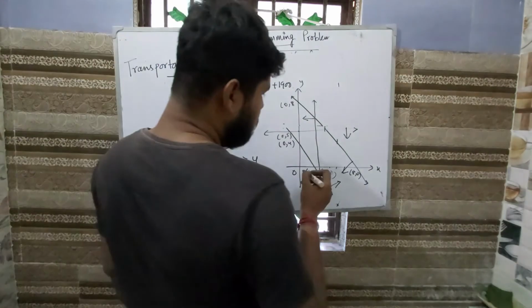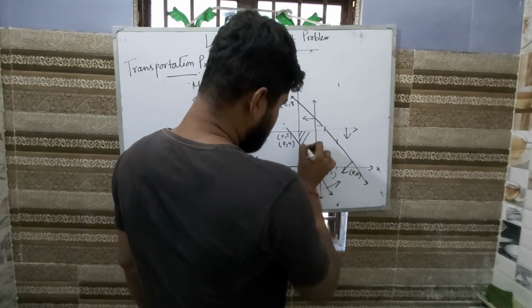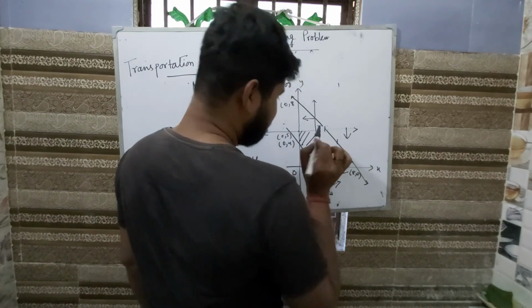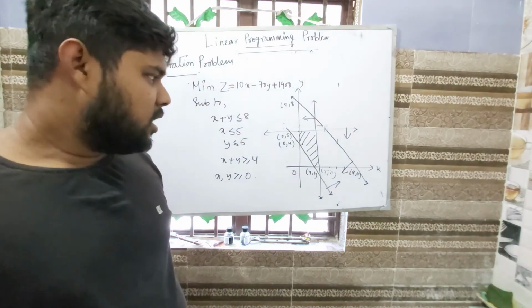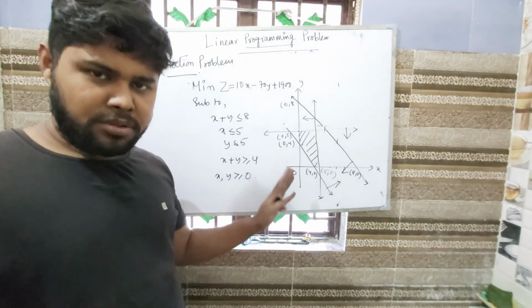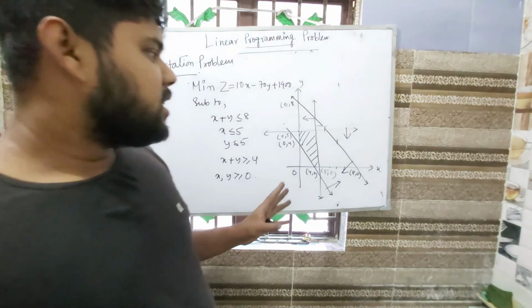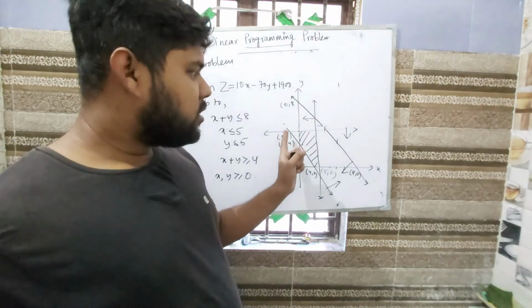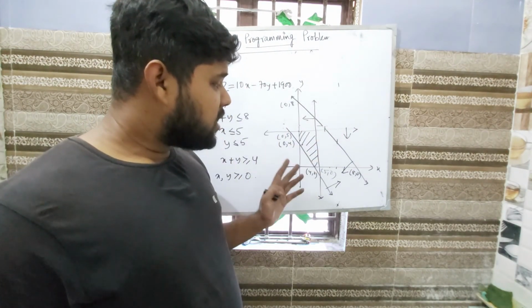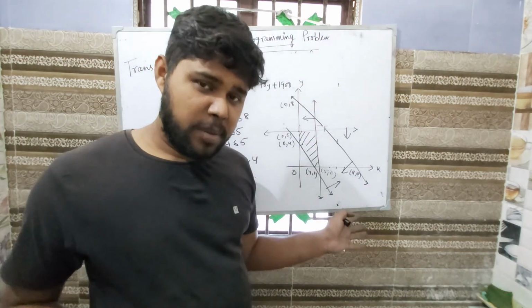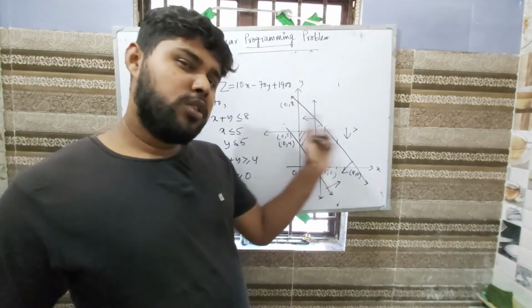So therefore my feasible region should be this one. Now as I haven't managed to draw the figure properly, I am a bit confused with which part has to be inside and which part has to be outside. Please ensure you do it on a graph paper and find all the corner points.